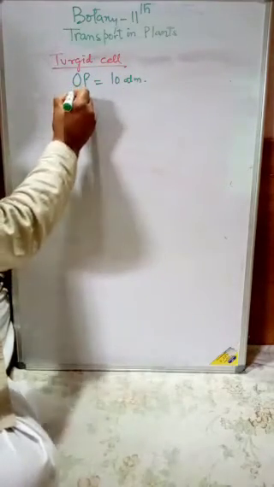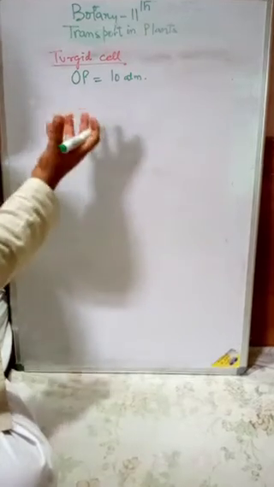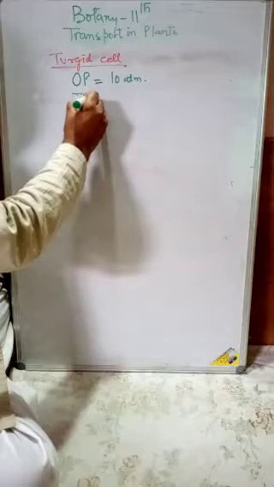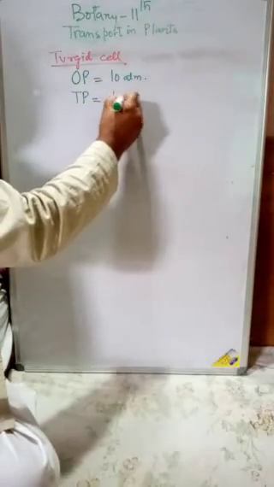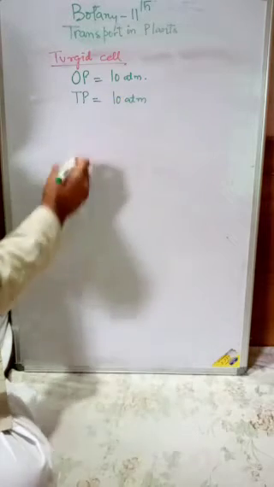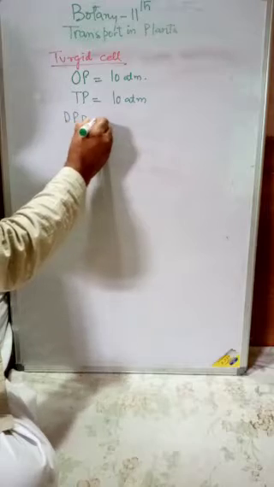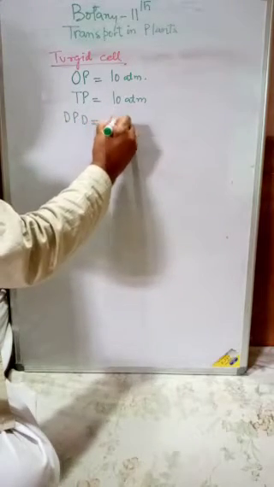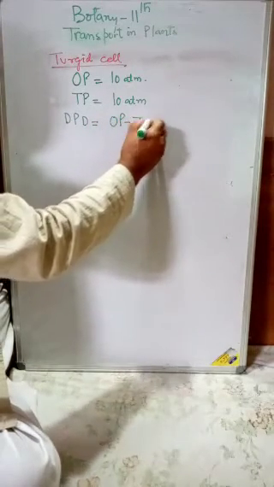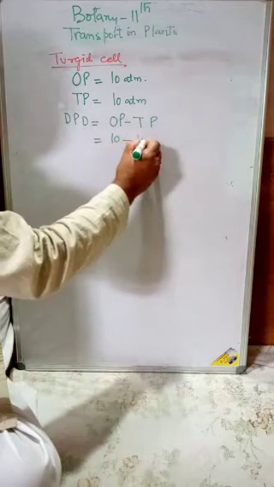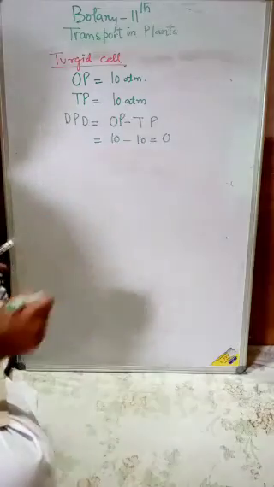Since it is a turgid cell, it has its maximum turgid pressure. Let it be 10 atmospheres. So DPD will be equal to osmotic pressure minus turgid pressure. It will be 10 minus 10, that is equal to 0.